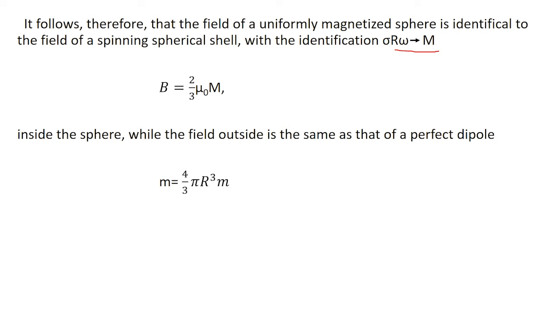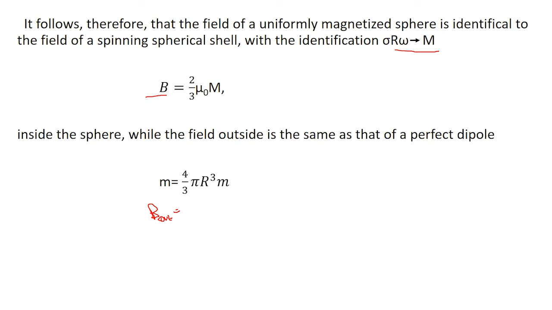We have seen that the magnetic field inside the sphere is equal to 2 by 3 mu naught M, while the field outside is the same as that of a perfect dipole, B out equal to mu naught m by 4 pi r cubed.